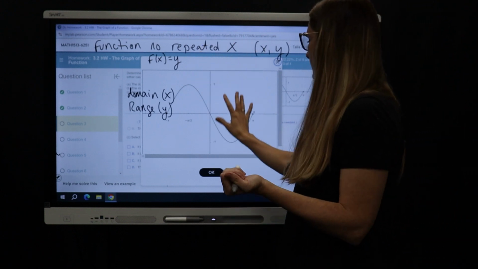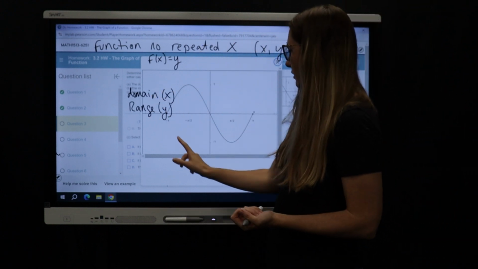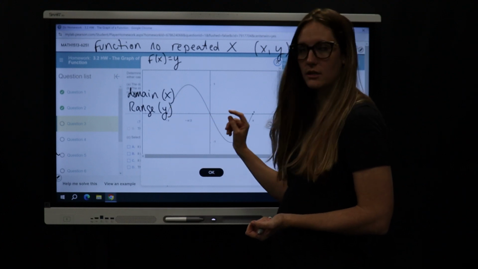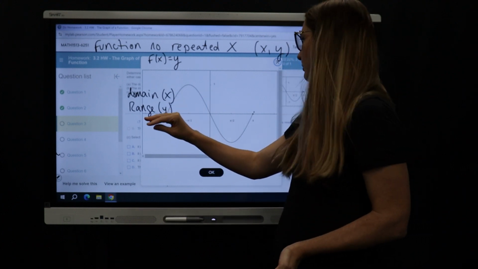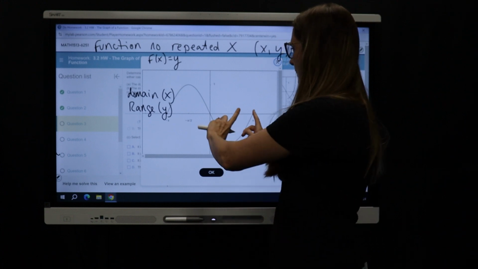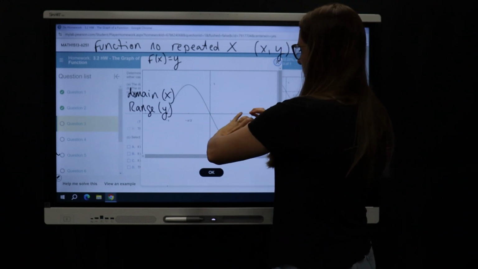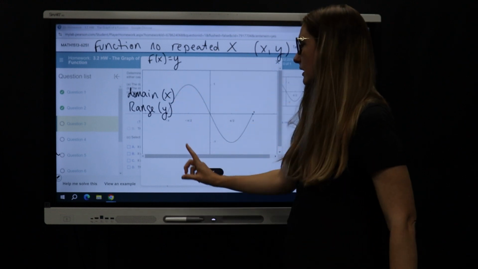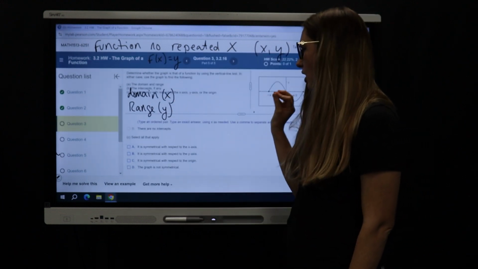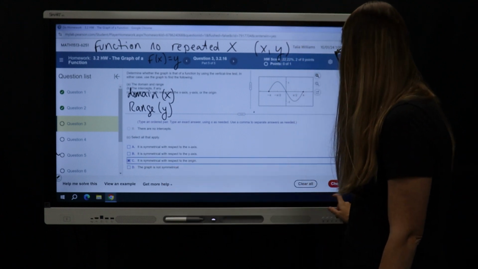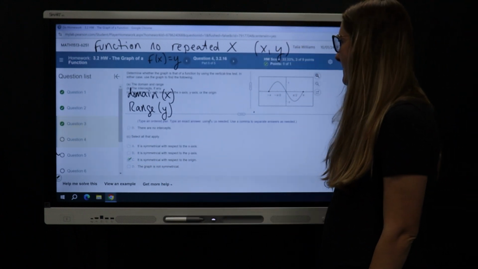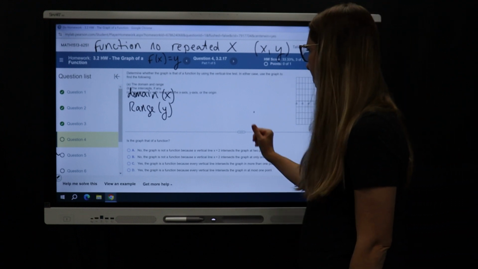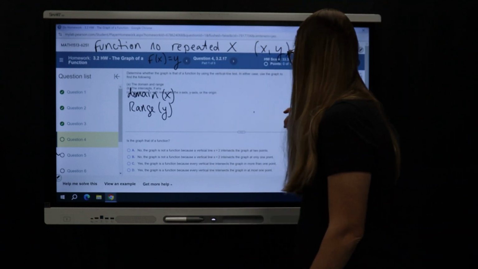Y-axis, if I was to take this side and fold it over, it would close this looking thing, but it's not going to line up with the graph, so it is not symmetric with the y-axis. Origin, if I took this one square and rotated it, it is going to line up with this side, so this one is only symmetrical with respect to the origin. And again, I'll leave that.